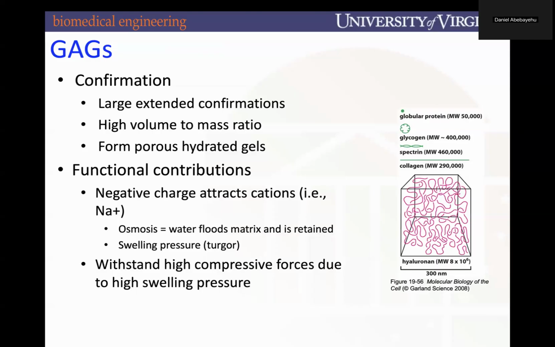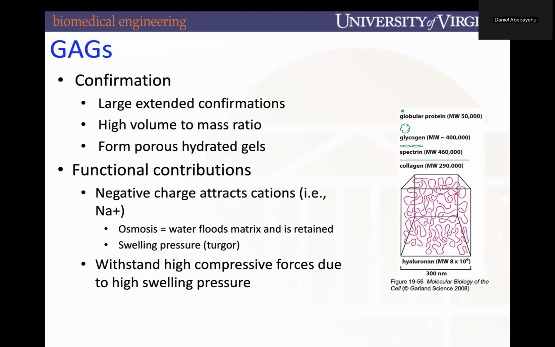That's one force that helps withstand compression. Another force that helps withstand compression is osmotic pressure. There is a fair amount of water content in tissue that has a high GAG content.